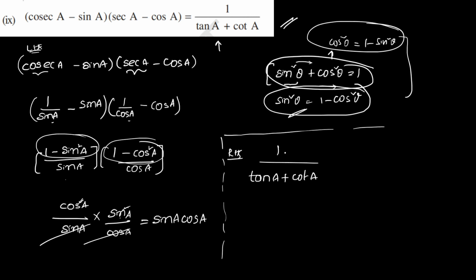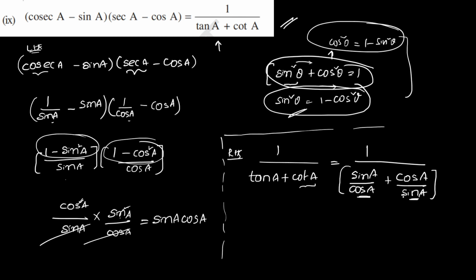We know that tan theta is nothing but the ratio of sin by cos, so I can write tan as sin a by cos a plus cot as cos a by sin a. Only observe the denominators: here it is cos a and here it is sin a. Since the two are different, we can do cross multiplication. Then I get the whole thing as 1 by (sin a into sin a, sin square a, plus cos a into cos a, cos square a) by (cos a into sin a).